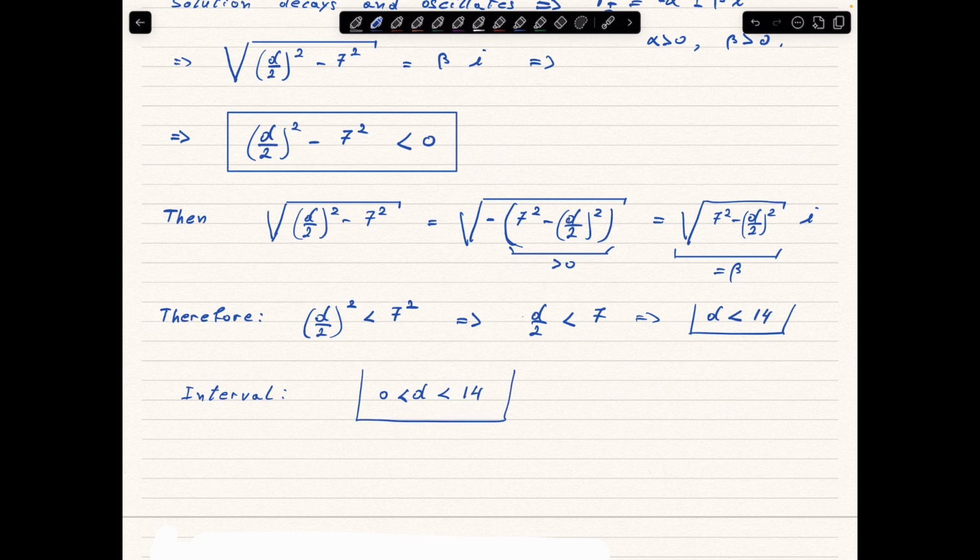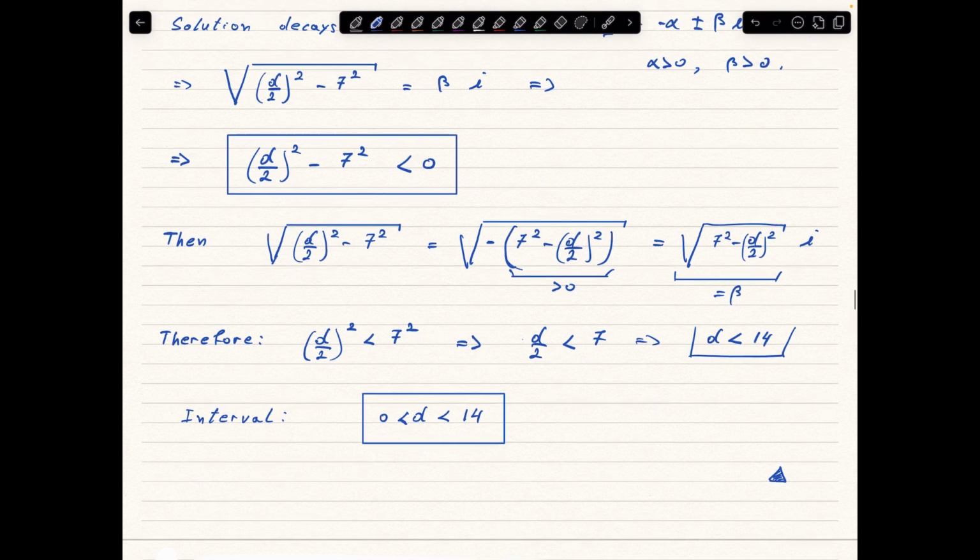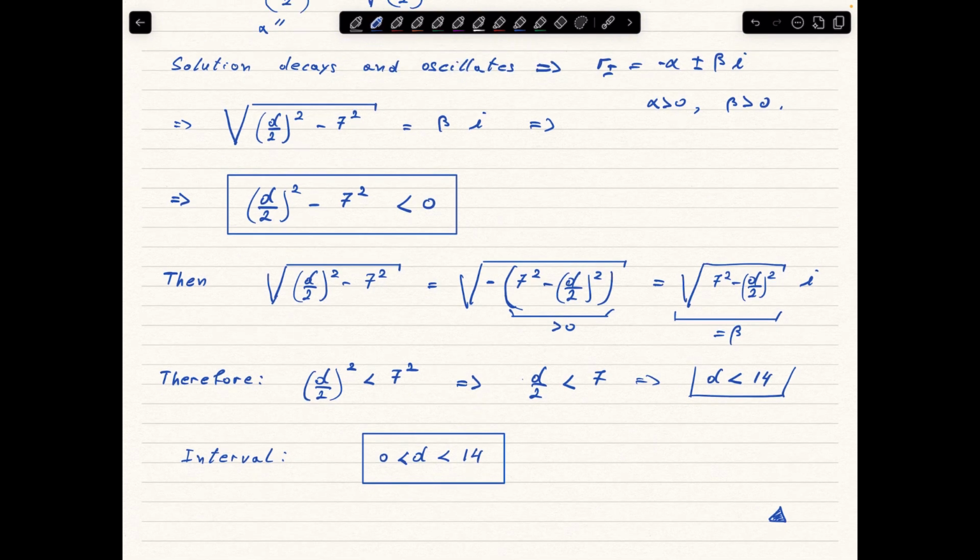So that's the interval. And this is more or less how we use the classification, the understanding of the behavior of the solution in terms of the parameters of the problem, to solve this type of situation. This is what we have called in the previous case small friction.